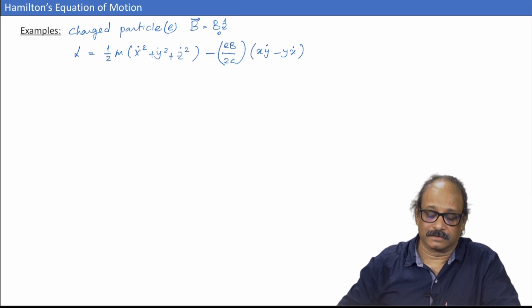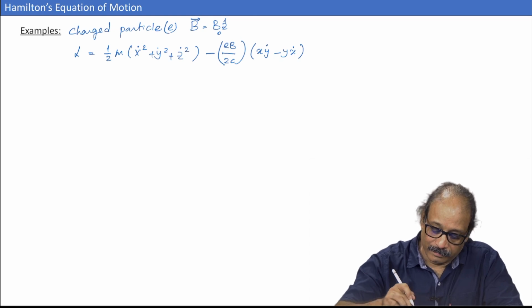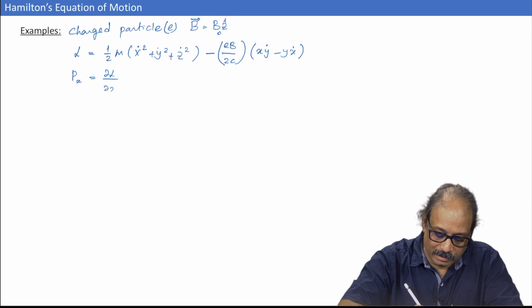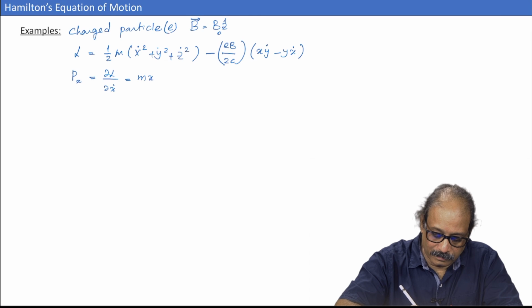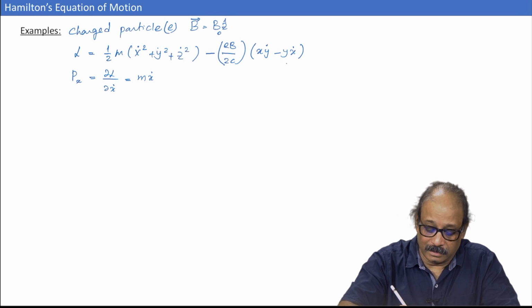Now, what are the equations of motion? First of all, we are going to construct the Hamiltonian from this. So, p_x will be equal to del L by del x dot, which will be equal to m x dot, but wait, the x dot is appearing there in the other term too.